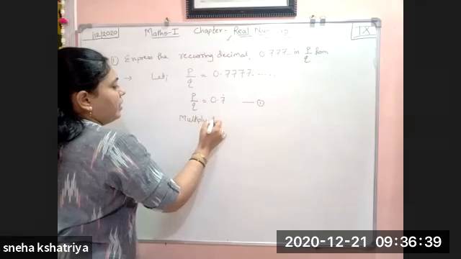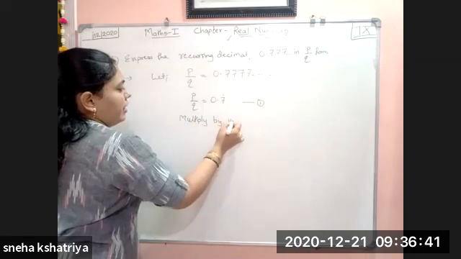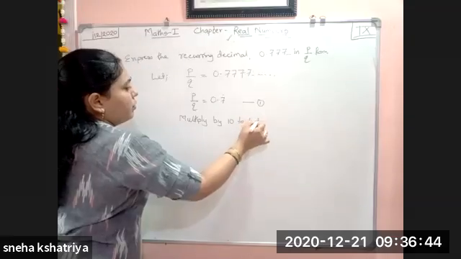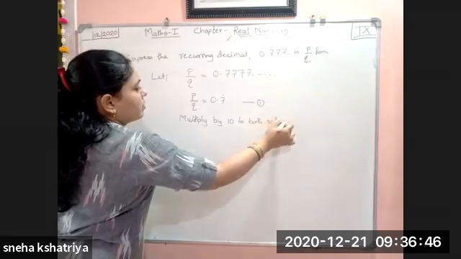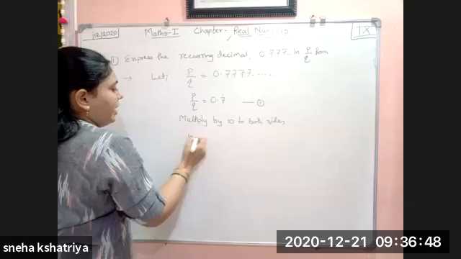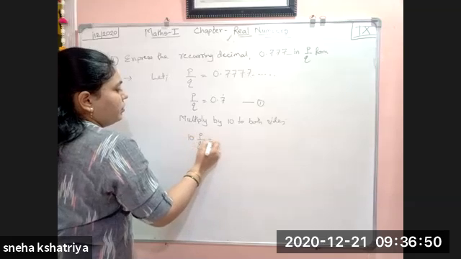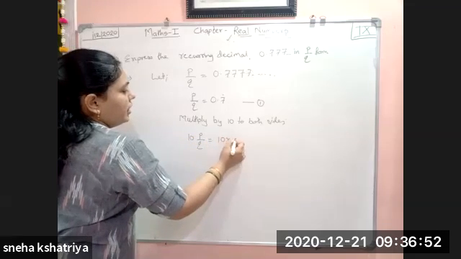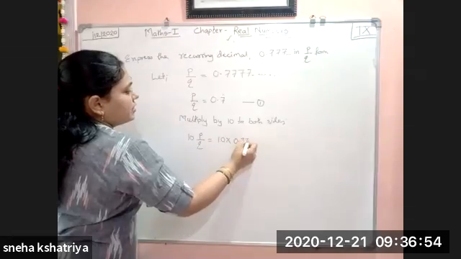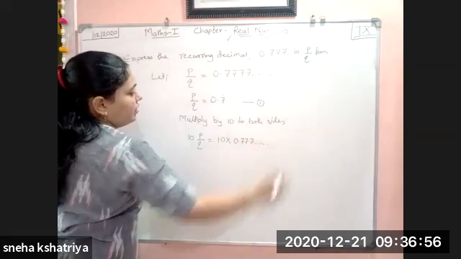Multiply by 10 to both sides. Okay, so we get 10 P upon Q, which is equal to 10 into 0.777 and dot dot dot.